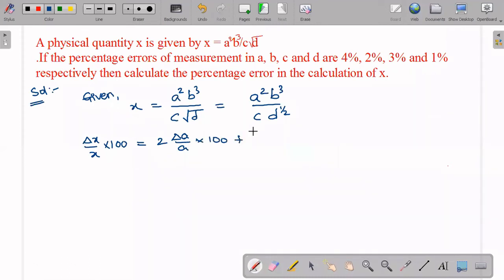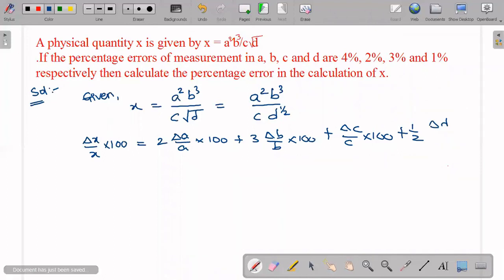So 2 into delta a by a into 100, plus 3 into delta b by b into 100, plus 1 into delta c by c into 100, plus 1 by 2 into delta d by d into 100. I have to write all in terms of percentage error, because on the left side I have taken percentage error, so the right side should also be percentage error only.